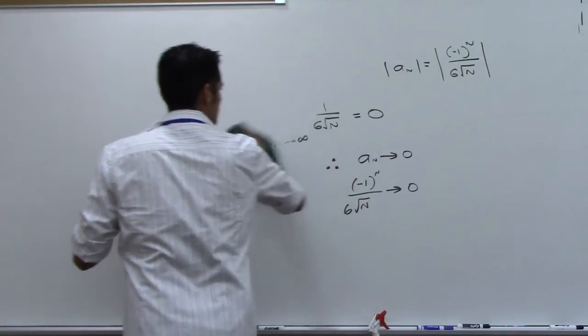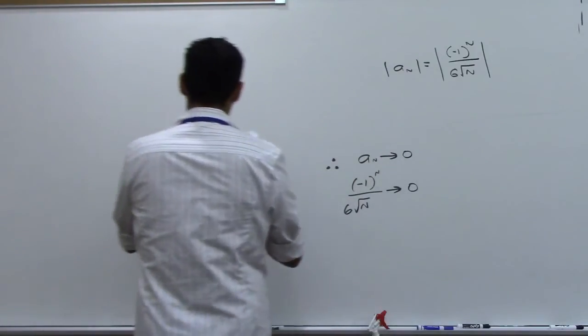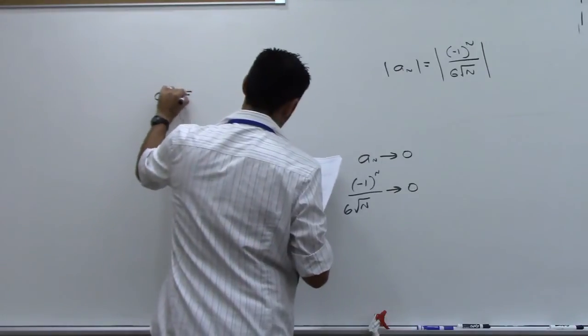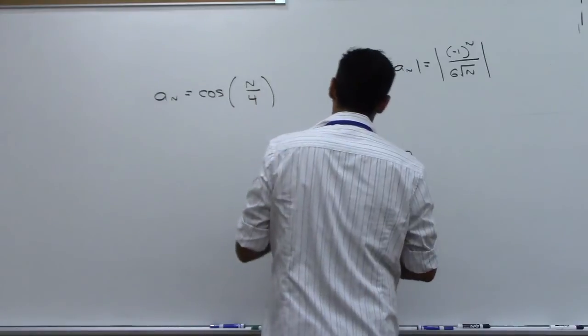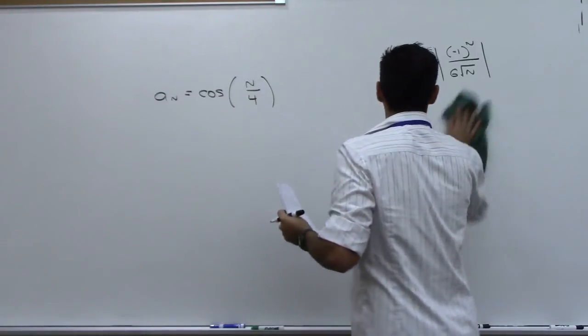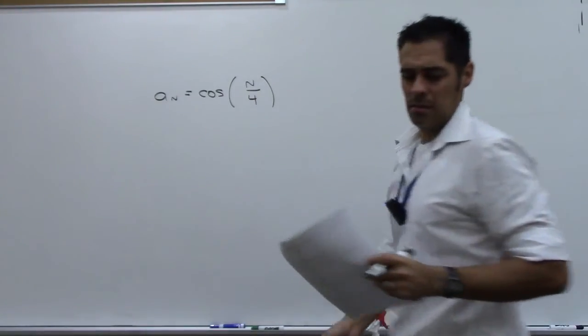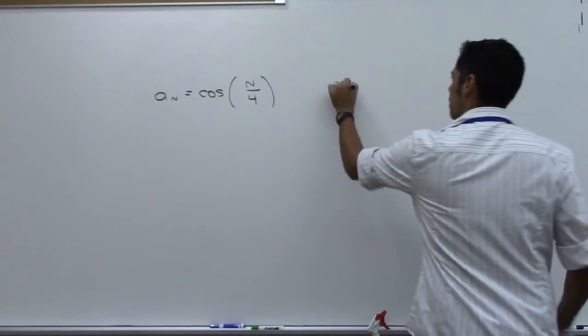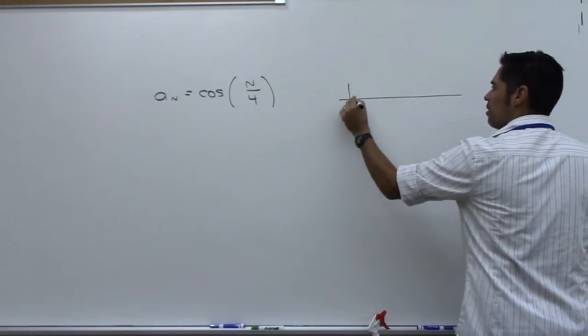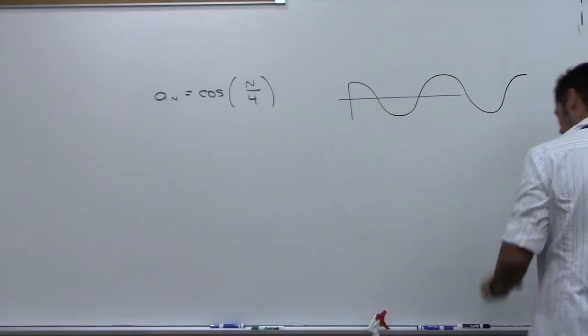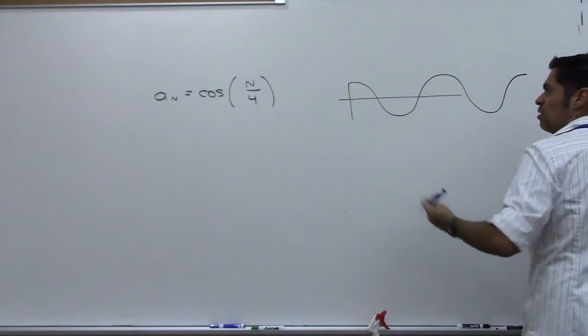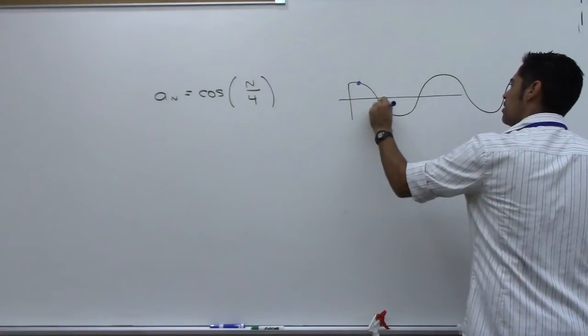All right, next one. A sub n is cosine of n over 4. And so what happens as n goes to infinity? Well, what does the cosine function do? That's basically a cosine function. Cosine goes like this, right? And since this is a sequence, we're only looking at certain points on that cosine.